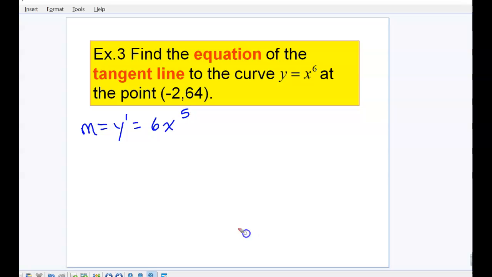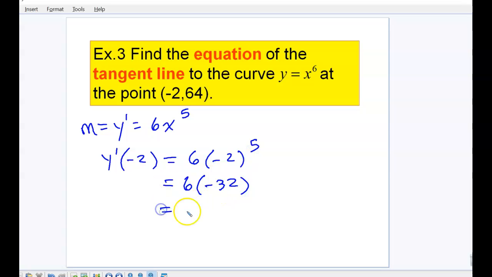Now I am going to evaluate the derivative at the x-coordinate of -2. So this is going to be 6 times -2 to the 5th power, so it's going to be 6 times -32, and that is going to be -192. So that's my slope of my tangent line when x is -2.